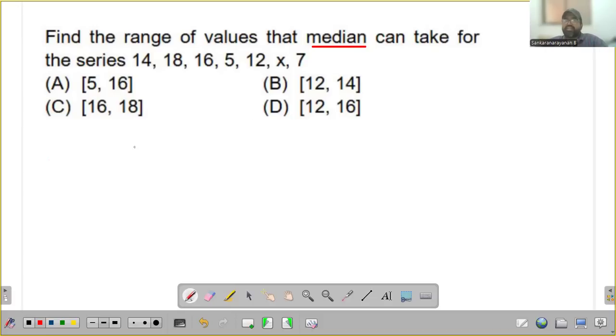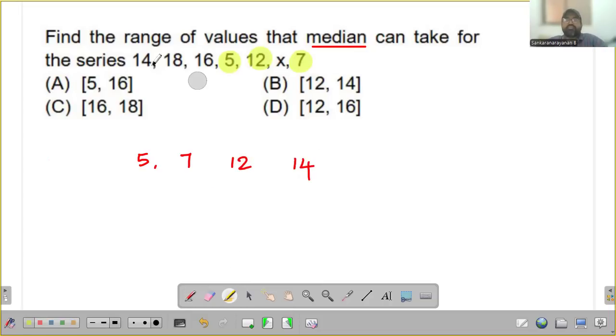So let me present them in ascending order. 5 I have considered, so let me highlight it. The next bigger number in the lot is 7. Let me highlight it. After that, we have a 12, so I shall write 12 here and highlight it. And then you have 14.